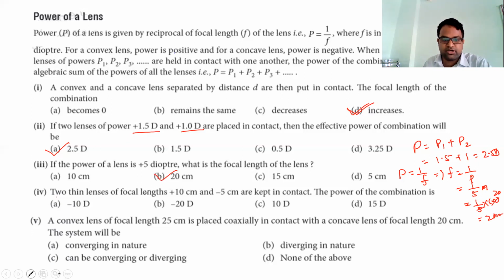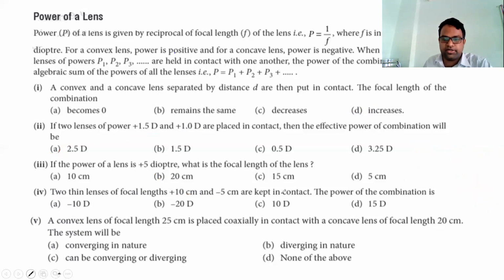Two thin lenses of focal length 10 centimeter and 5 centimeter are kept in contact. What is the power of the combination? Now they are in contact, but you see one focal length is plus, one is minus, so that means one convex and another concave lens are in contact with each other.